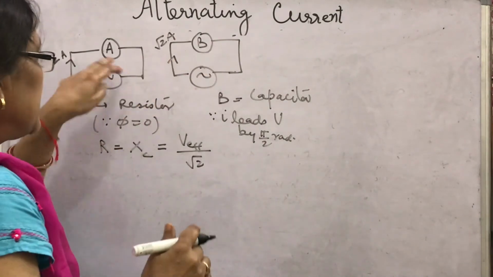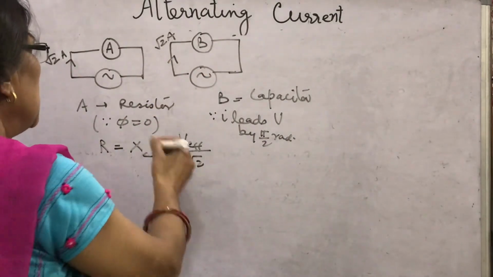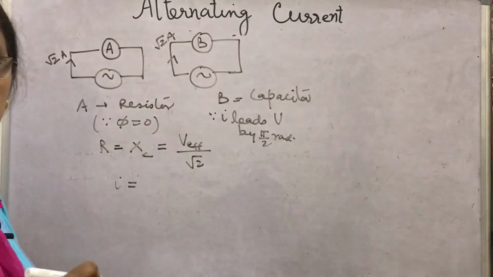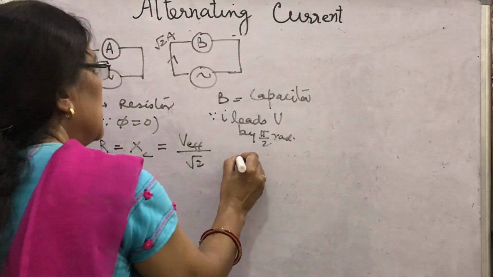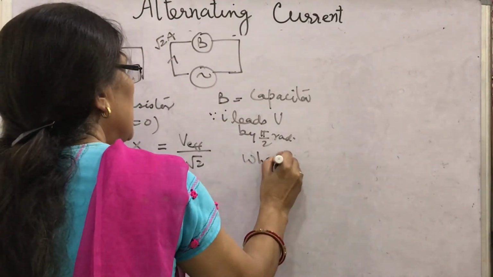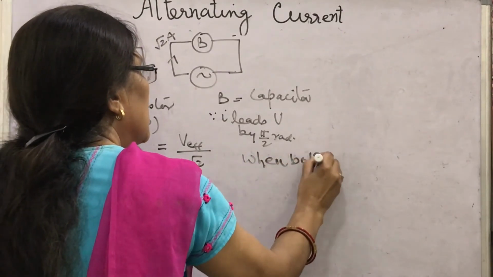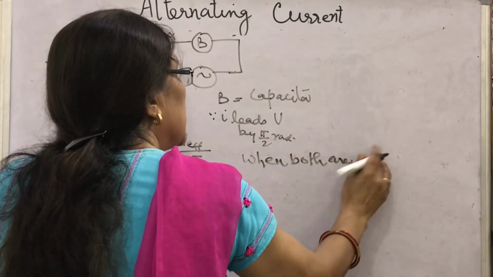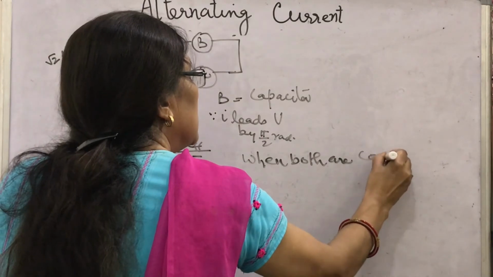When both are connected in series with the same source, what will be the value of I? First you find the Z.